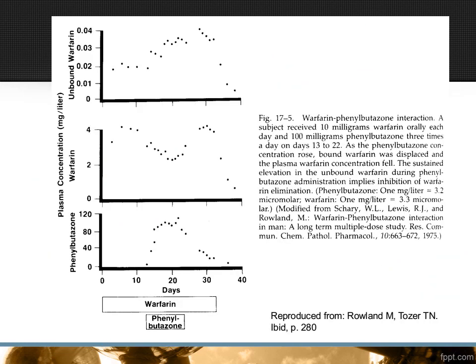So this is another example that we can see, for warfarin and phenylbutazone. When you administer warfarin in the beginning, time 0, this is the curve. At around day 11, when you start the phenylbutazone, you can observe that the total warfarin goes down, because phenylbutazone displaces warfarin.